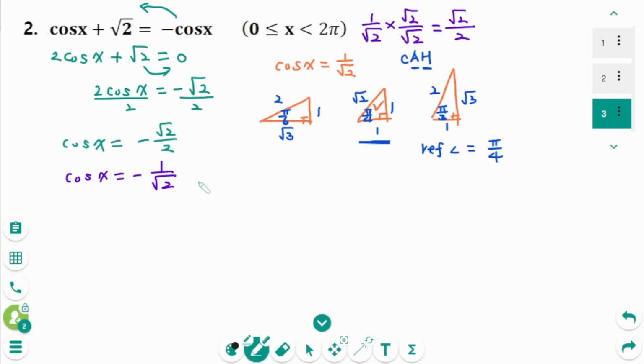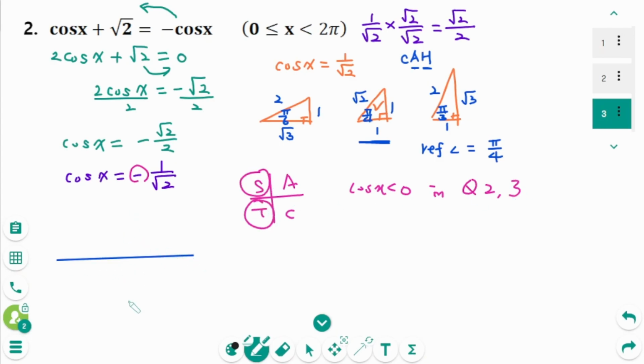Back to the beginning. Cosine x is minus 1 over square root of 2. Use ASTC. Then cosine x is negative in quadrant 2 and 3. Then draw the 2 triangles with the respective angle of pi over 4 in quadrant 2 and 3.